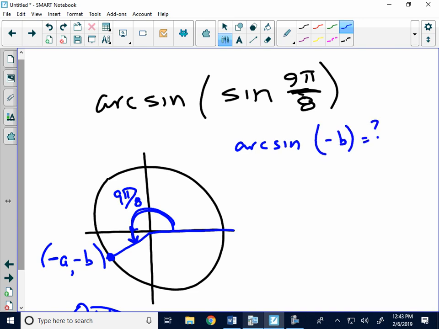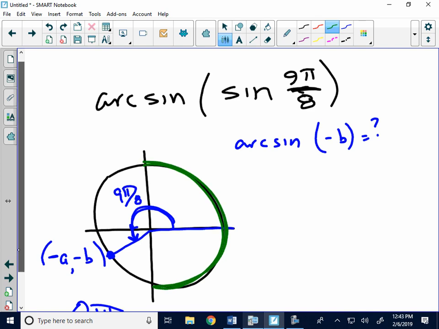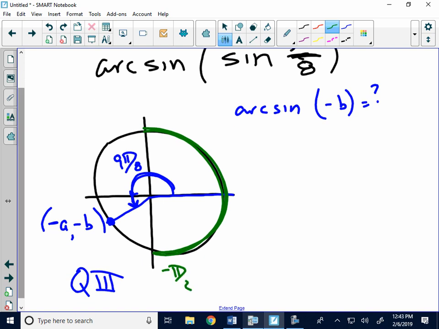Well, the arc sine only returns values on the right side of the circle, right? I have to be on the right side. Remember, arc sine was from negative pi over 2 at the low end to positive pi over 2 on the high end. And this 9 pi over 8 is way too big. So is there another arc that has the same y value?